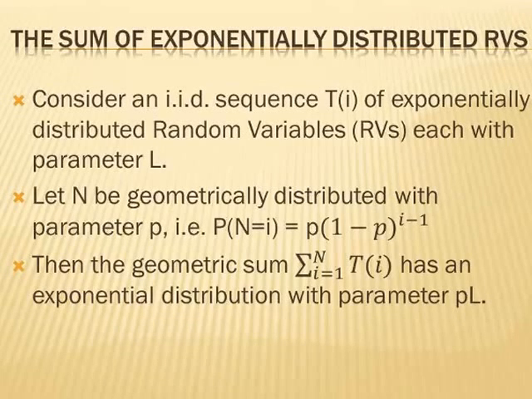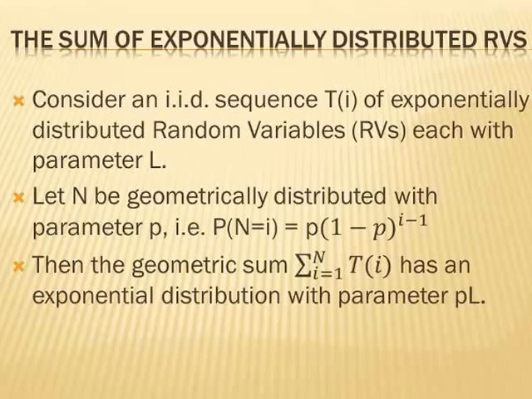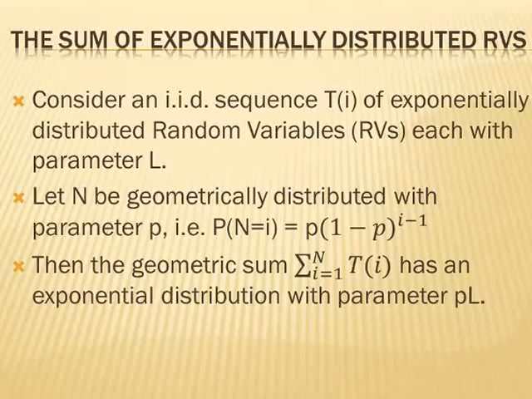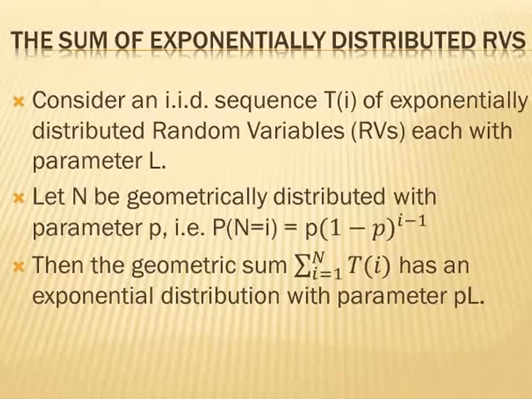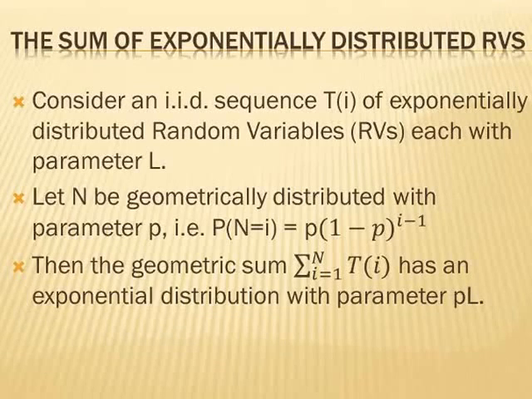Consider an IID sequence, Ti, of exponentially distributed random variables, each with the same parameter L. And let N, capital N, be geometrically distributed with parameter P. So the probability that N equals i is simply P times (1 minus P) to the power of i minus 1.